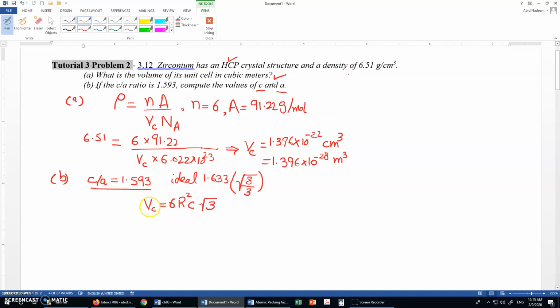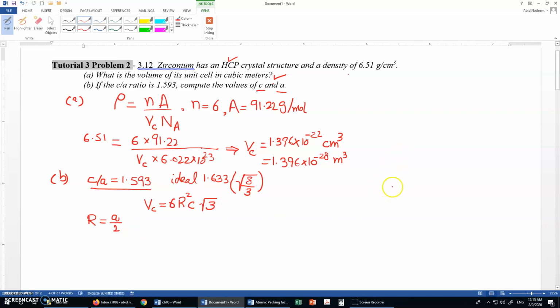We know the value of VC, but we don't know the value of R or C. But it is easy, because we know that R is equal to A by 2.